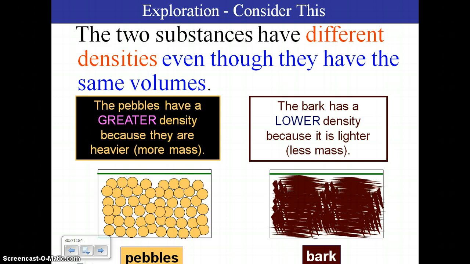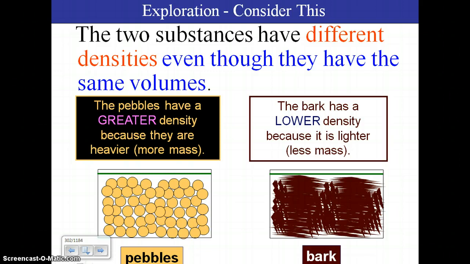On the other hand, the density of the bark is lower because the bark has a much lower mass for its size. The pebbles are very heavy for their size, have a greater mass for their size. The bark is lighter for its size, has a much lower mass for its size. Pebbles have a greater density, bark has a lower density.